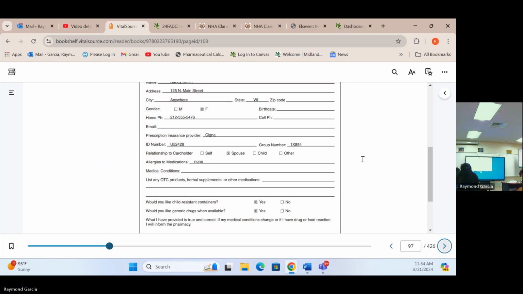What is it? It says anywhere. Oh, anywhere. Just make sure it's an unknown city. But that's fine because it's not being particular right now.